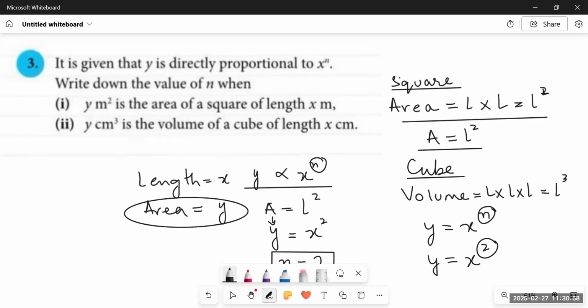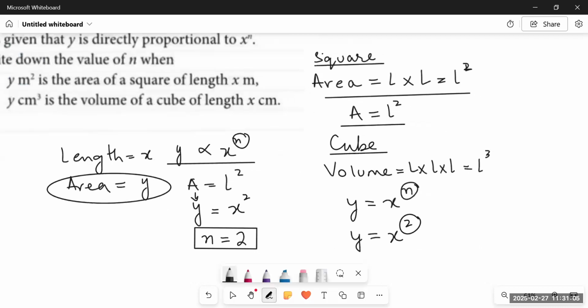Similarly, if y centimeter cube is the volume of a cube of length x centimeters, so we know that volume is equal to L cube.